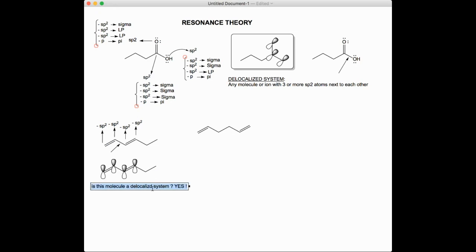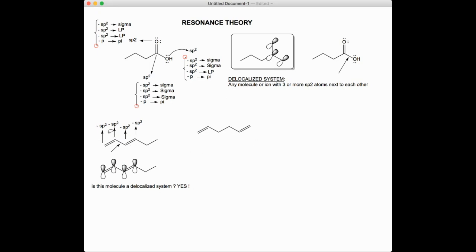And we said any molecule or ion with 3 or more sp2 hybridized atoms next to each other, properly aligned, the molecule will be a delocalized system. And you can see how this is another example of a delocalized system in which a single Lewis structure is failing to show what's happening in between these two carbons. Therefore, a single Lewis structure is not good enough to show the real structure of these molecules. Once again, we have a problem for the delocalized system.